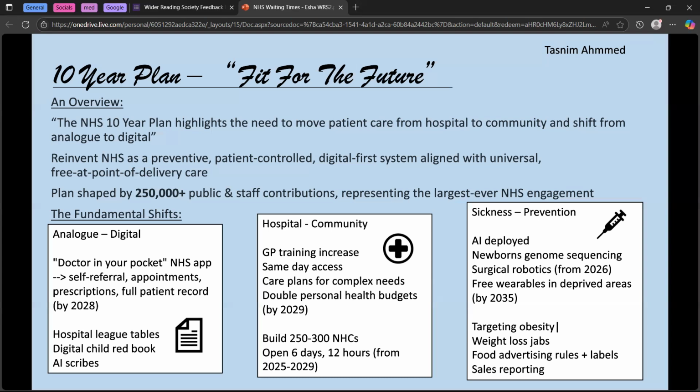And there will be free wearables in more deprived areas by 2035, which is quite a long time, but if implemented, should make things more accessible for those who are unable to get or locate hospitals or GPs.